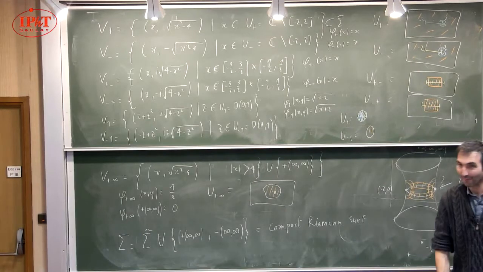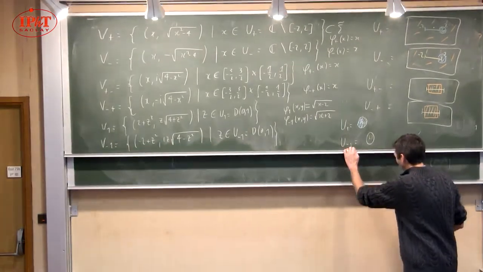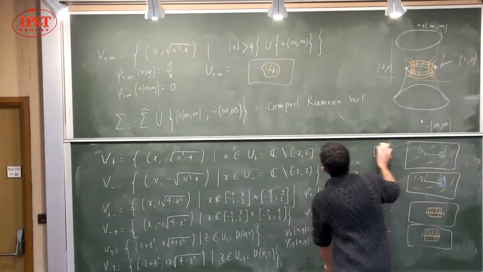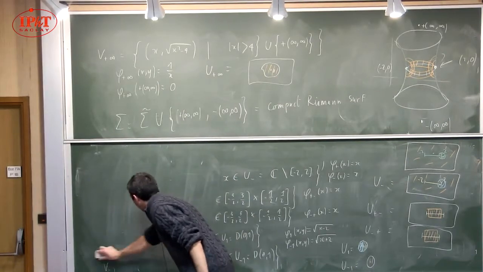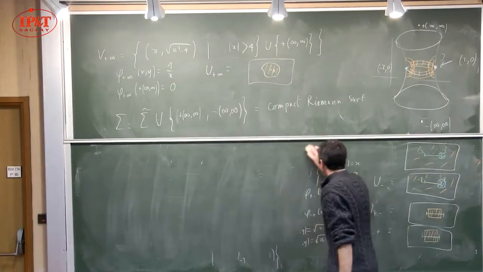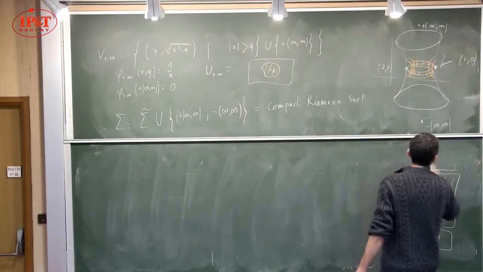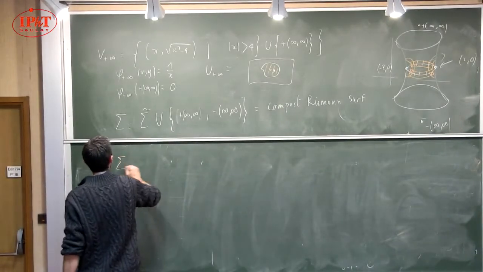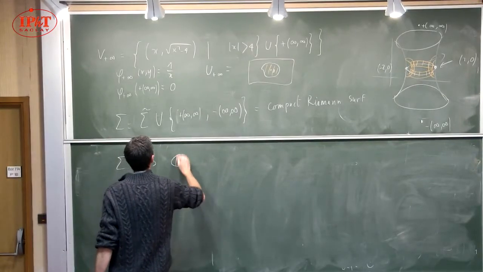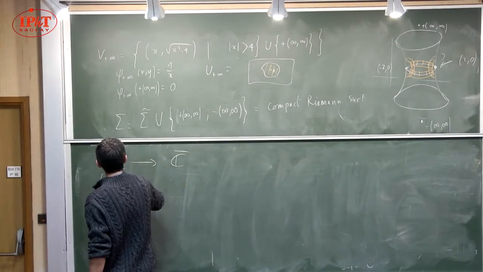And now let me show you that it's isomorphic to the Riemann sphere. So it was a very complicated way of defining the Riemann sphere. So there is a map from sigma to my C bar, which is, you send the point (x, y).